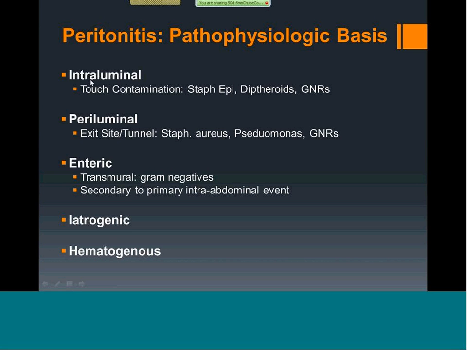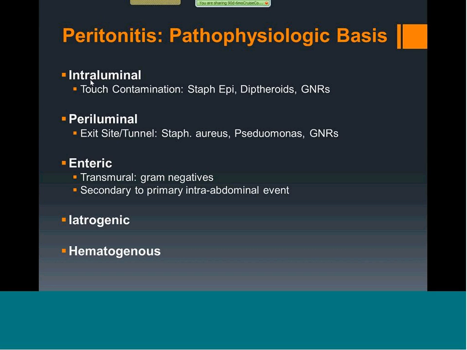Intraluminal means that there is a problem with touch contamination. At some point during the course of doing an exchange, the patient introduces infection inside the lumen of the catheter, and that infection then goes through the lumen of the catheter into the peritoneal cavity.